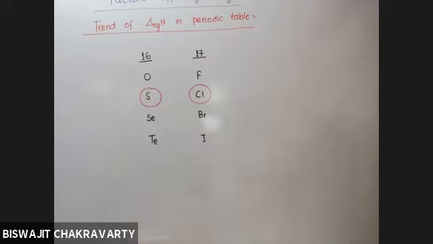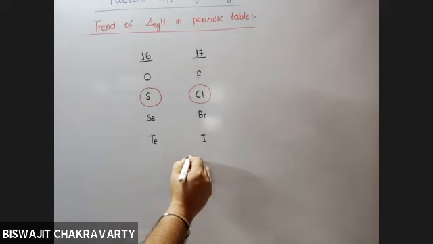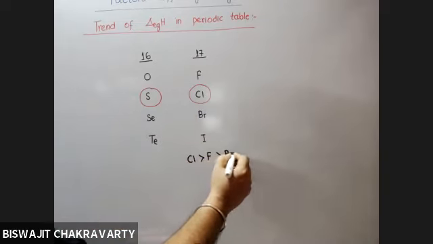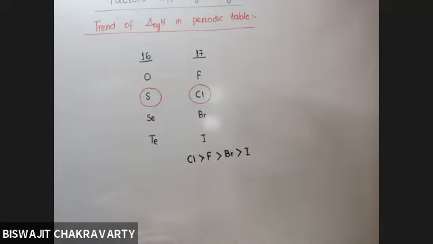Because even though fluorine has smaller atomic size as compared to chlorine, so it should have shown greater force of attraction towards the electron to be added up, chlorine in return has been found to show greater electron gain enthalpy. The trend that has been found is chlorine greater than fluorine, and thereafter they are following the normal trend.